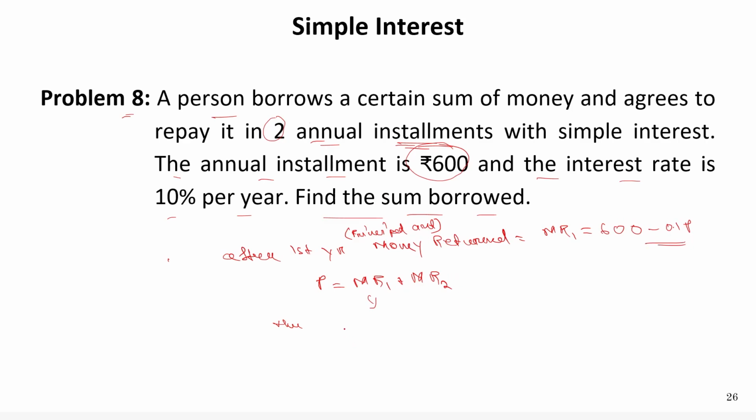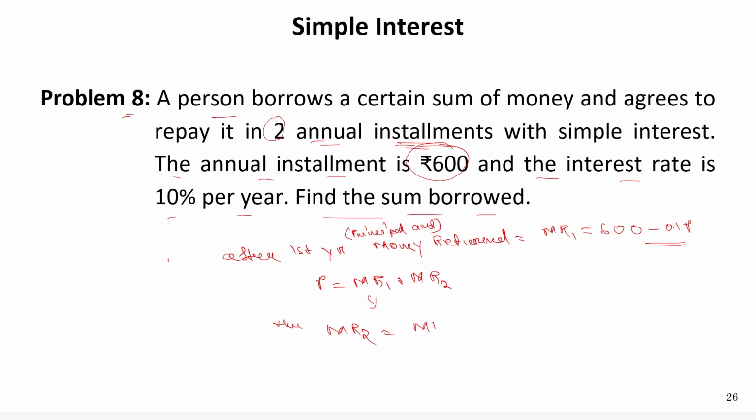So how much will be MR2? MR2 is equal to what? P minus MR1, this much into 0.1, right? So it will be something like this.